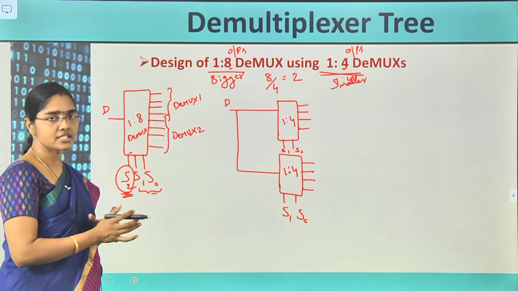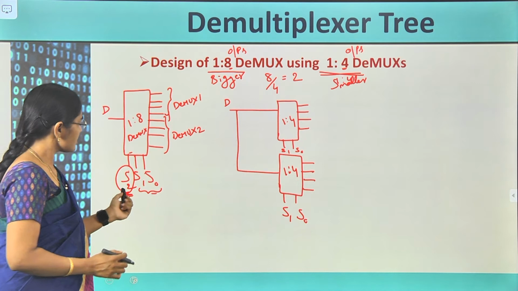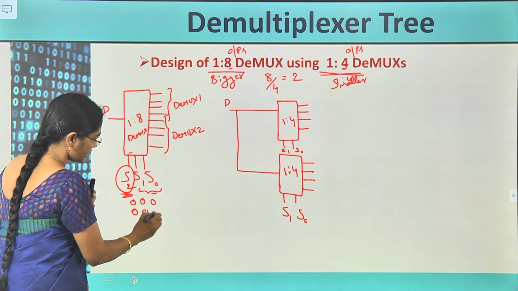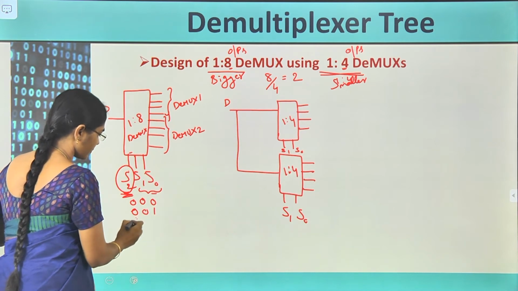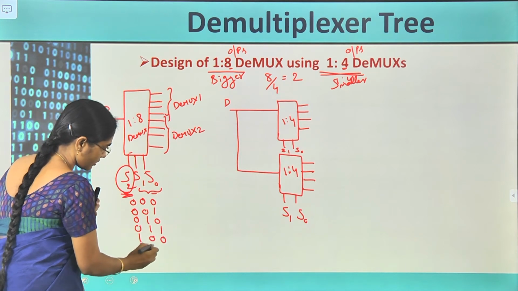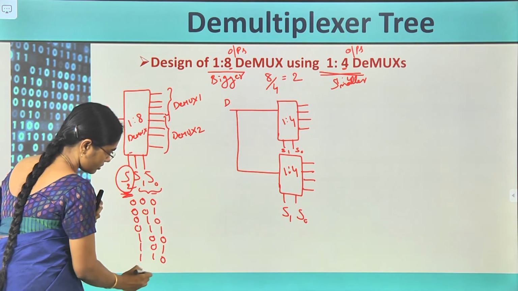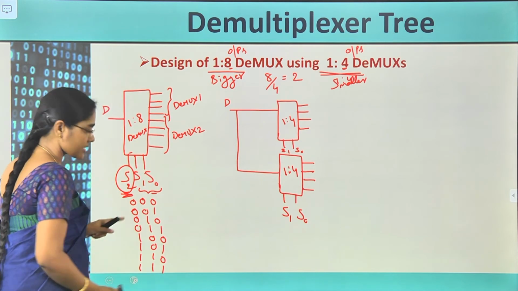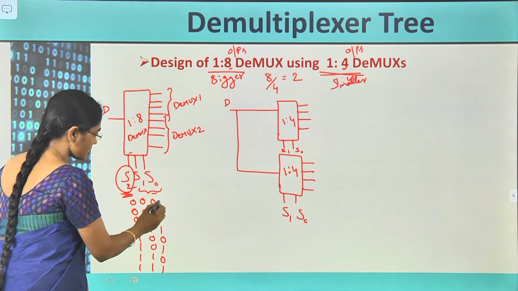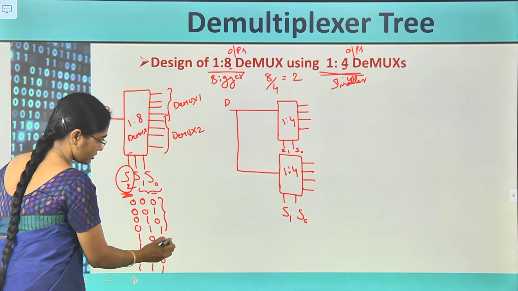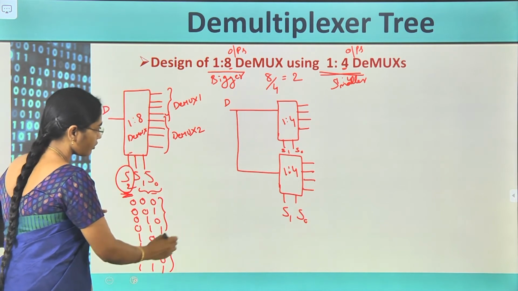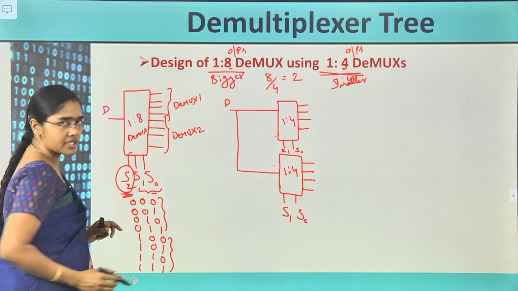Since S2 to S0 has 8 combinations in the truth table, 000, 001, 010, 011, 100, 101, 110, 111, this is the actual truth table. Depending on S1 and S0, there are 4 combinations, and another time the same 4 combinations. So these 4 combinations are applied to these two demultiplexers.